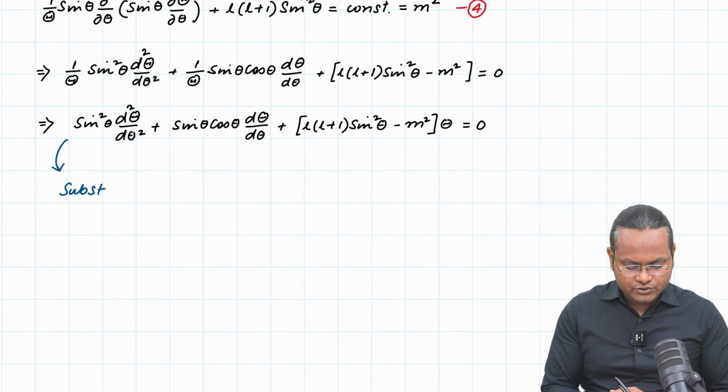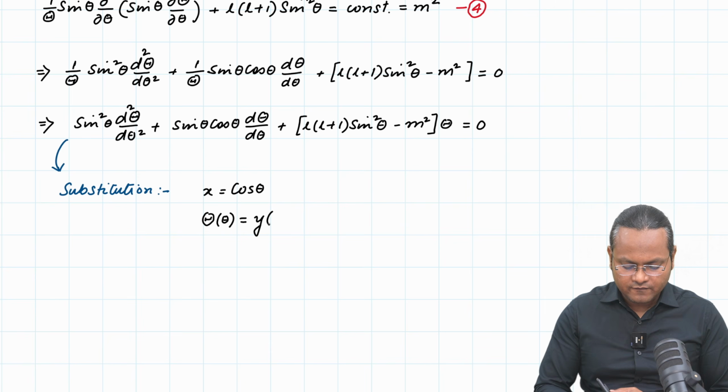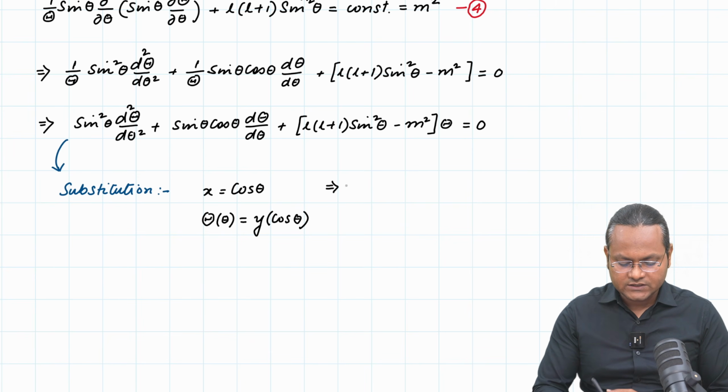So for that, we will make a few substitutions where I say that cos theta is equal to x, and the theta function, which is a function of theta, I'll call y, but y is a function of cos theta. So from here, it is obvious that dx/dθ equals minus sin theta.